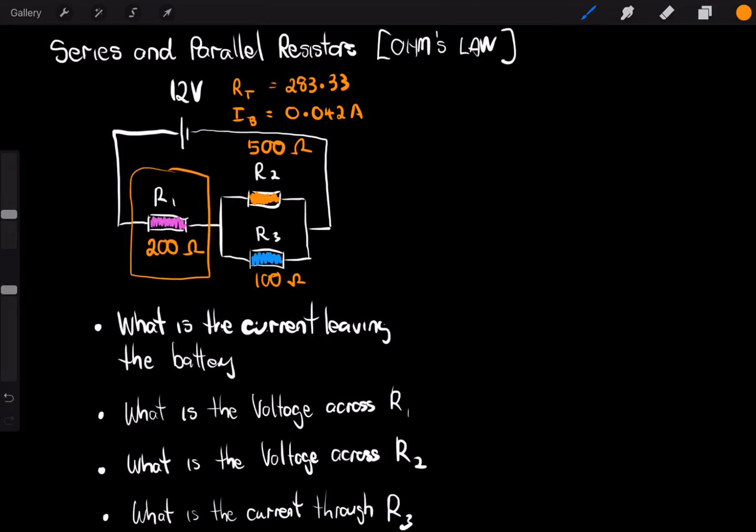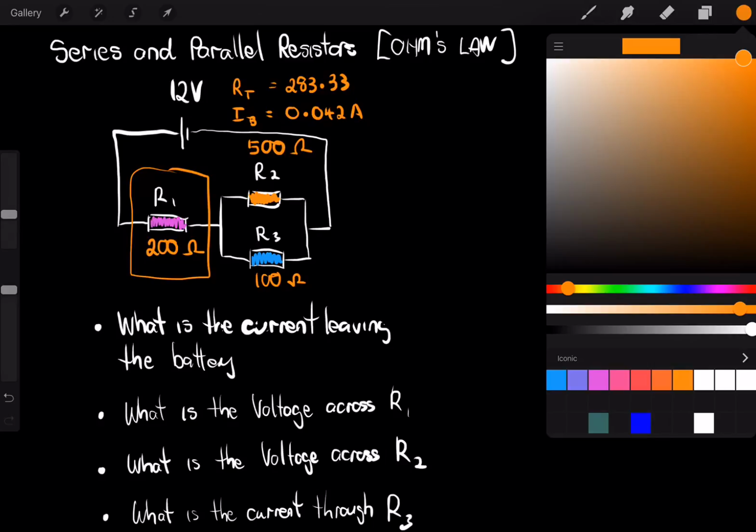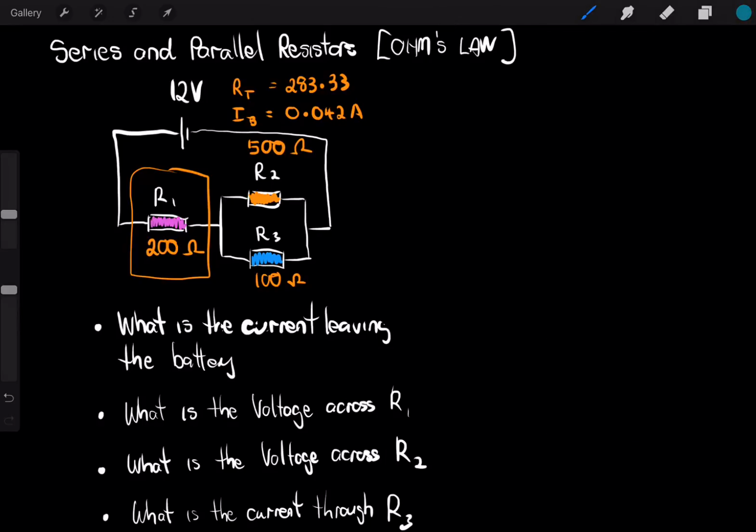Okay, and so what I'm going to do is draw a little picture. There's our R1 resistor, and it's 200 ohms.